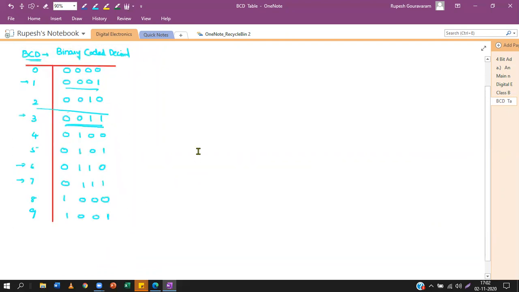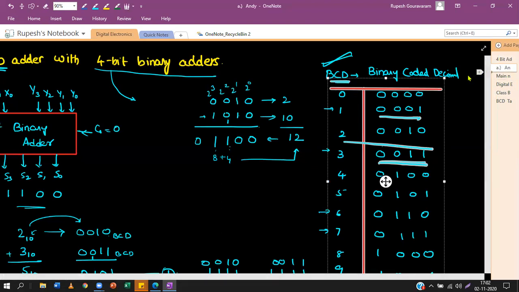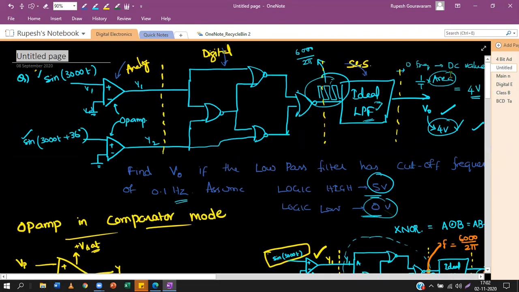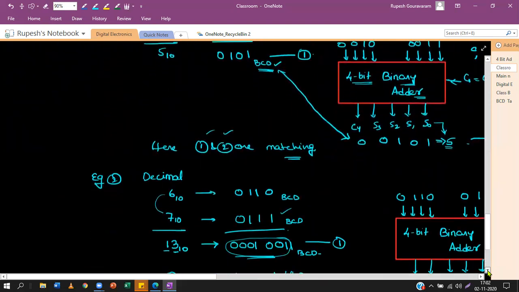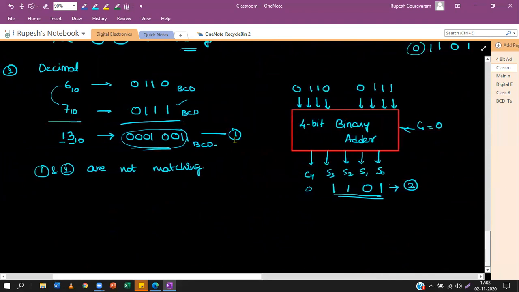Later we can refer to this binary table whenever necessary. So what result did we get? 1101.